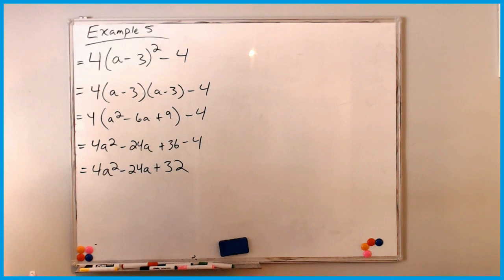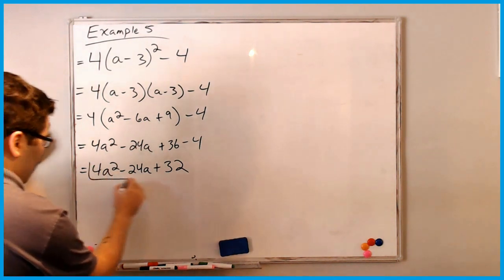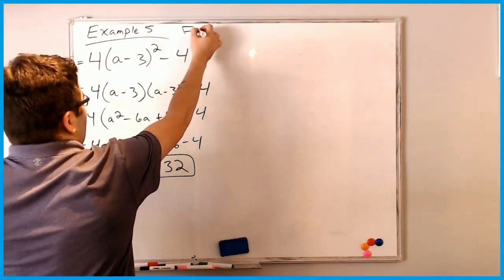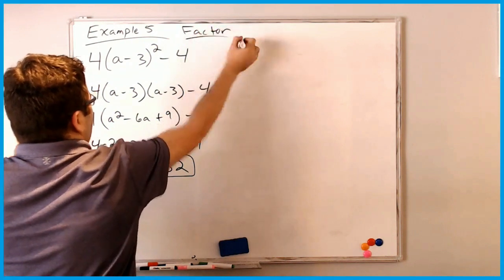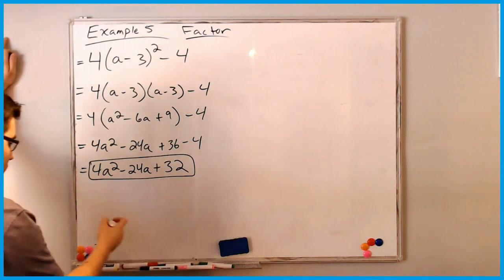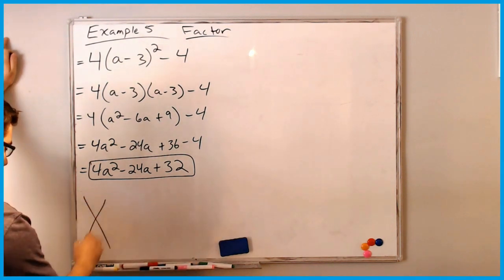And now that we did all that, now we can actually factor this. So this is the beast that we need to factor. And remember, it wasn't up here, but factor is what we're doing. So we want to factor this one. I'm going to do our little XY chart again.